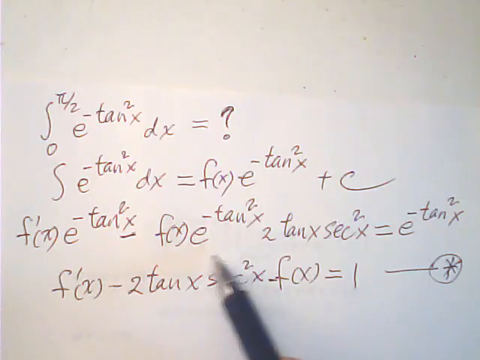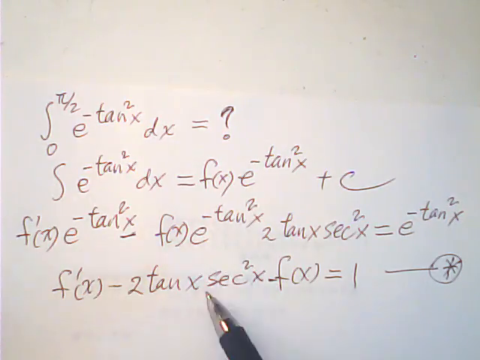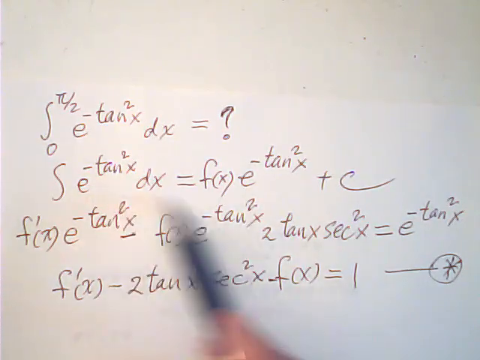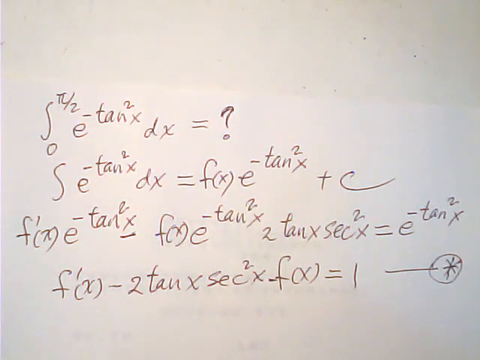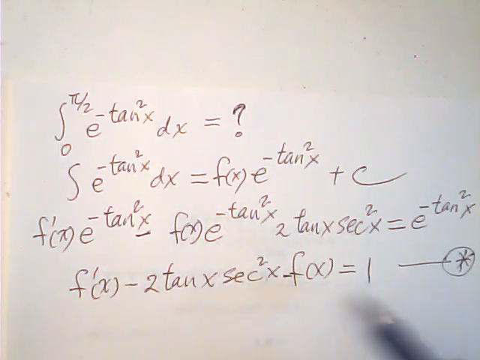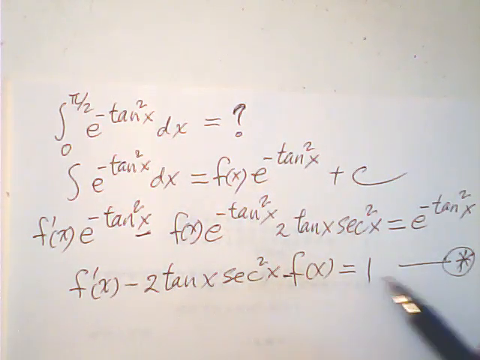This is the integrating factor. So in other words, you are going back towards this equation. But still, that doesn't help to find f of x. So we must find f of x by using other ways.